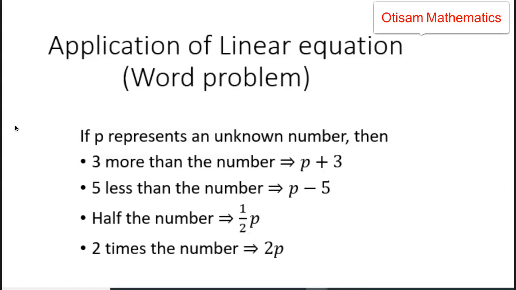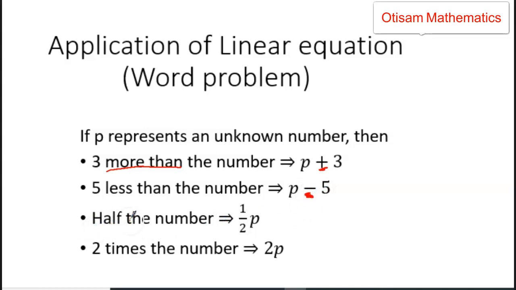So which means that for more than, most of the time we talk about plus. And then another one, we are still making use of the unknown variable P. 5 less than the number, so the unknown number is P, so less than is minus.